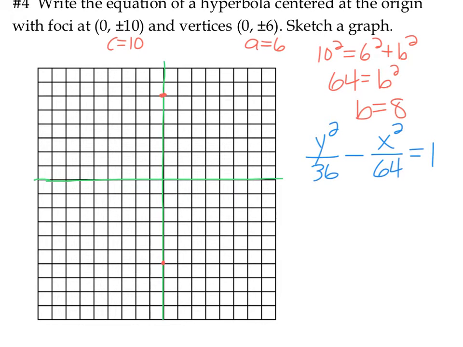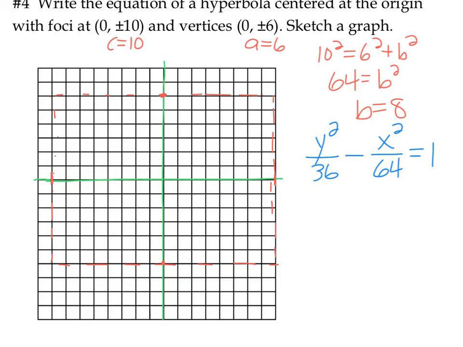And then our B value of 8, so we're going to go 8 to the left and right. That would be right here, and that's going to help us get our box drawn in. And over here. So we're going to have a box drawn in that looks like this. Could have gone by 2s as well, another way to fit this in the graph maybe a little better.